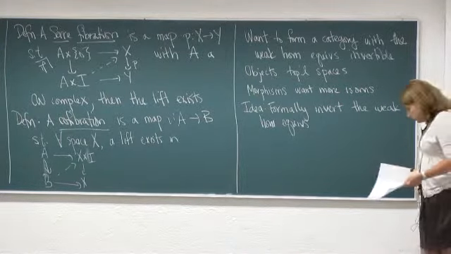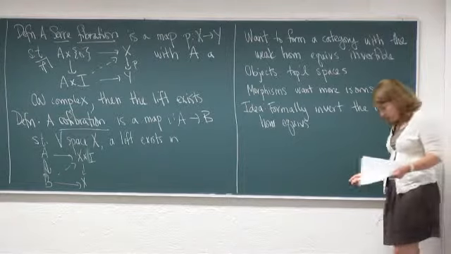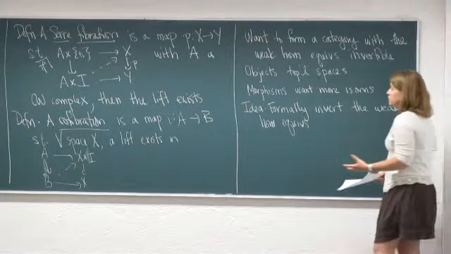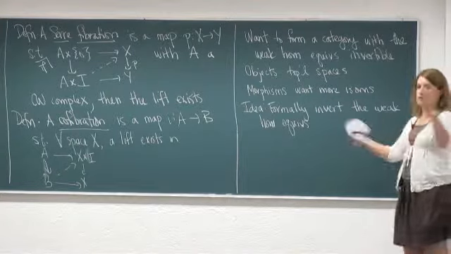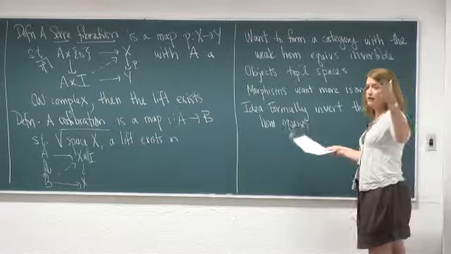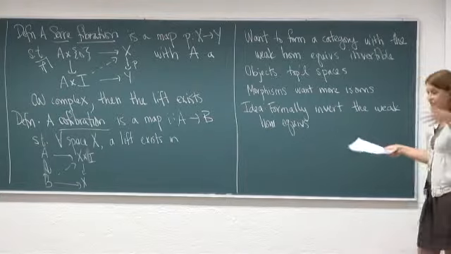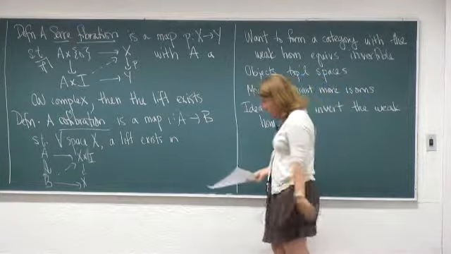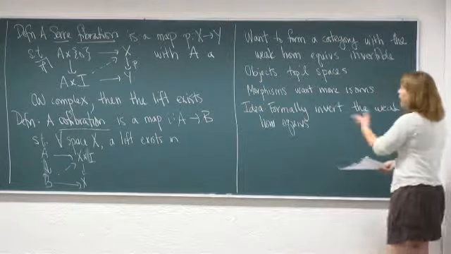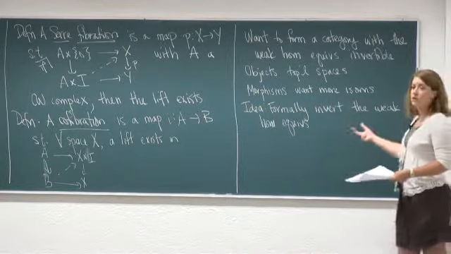Well, this causes some problems, however, because the category of topological spaces is a large category, large in the technical sense. Its objects don't form a set. It's huge, and so there's an awful lot of weak homotopy equivalences.